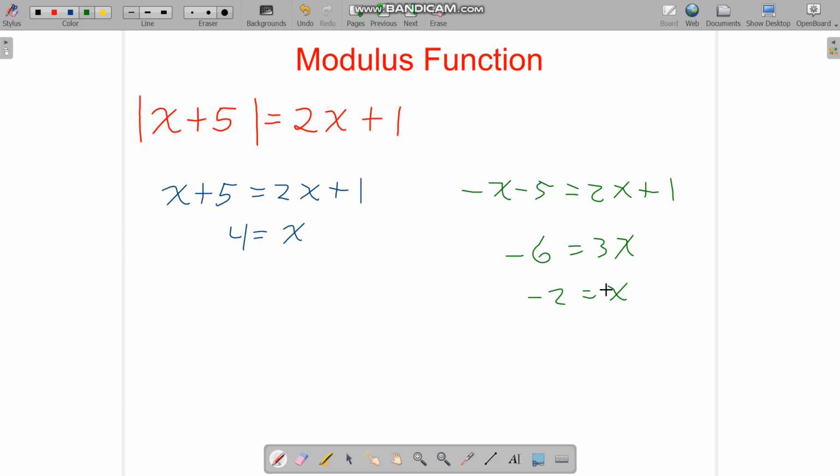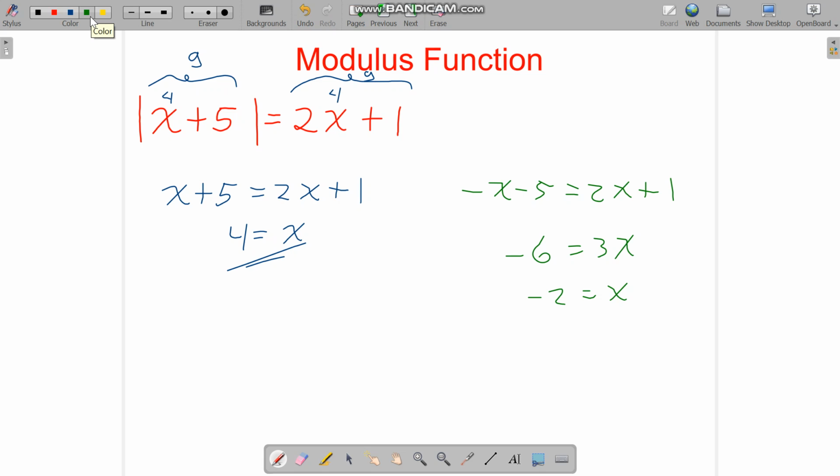And we check if we use 4, so we just replace this x with 4. This whole thing becomes 9, and this whole thing also becomes 9, so it makes sense. So 4 is a solution.